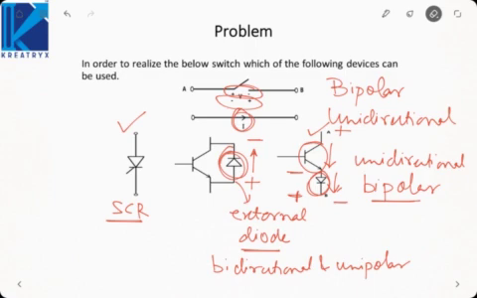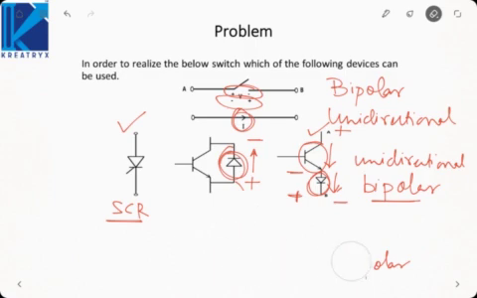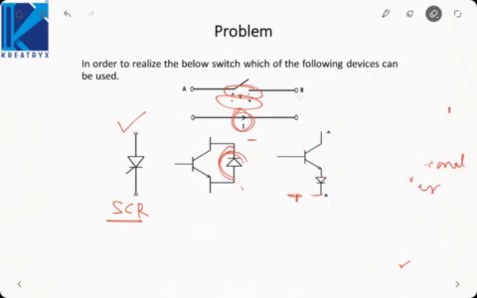Now suppose we wanted to make this switch bidirectional. How to do that? Remember, whenever you want to make any switch bidirectional, you connect two such switches in anti-parallel. You connect something like this.